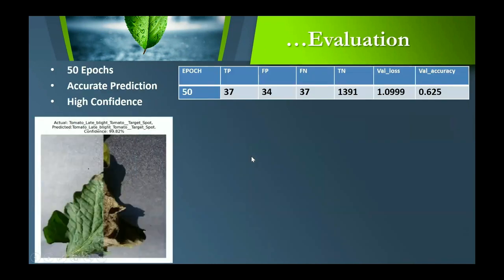Now, its prediction impact: we clearly see that it predicted with a confidence of 99.82%, rightly predicting a leaf blight tomato leaf fused with a target spot disease. That was wonderful because we clearly see the impact of increasing epochs in the learning situation.